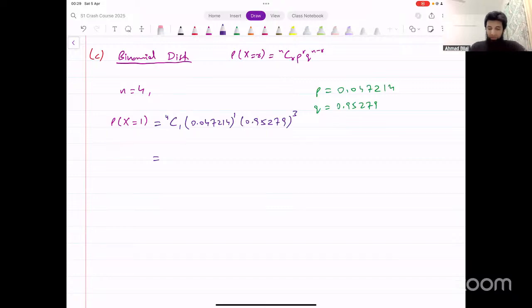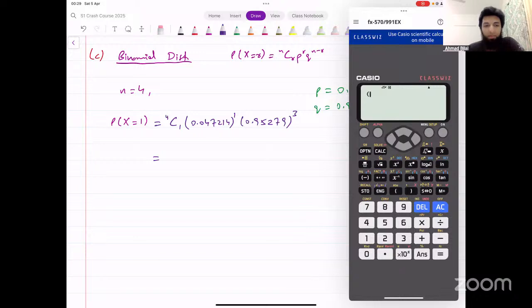Okay, what's the result that we get from this? Has anyone done this? No, you're too tired. 4C1 is 4, and then 0.047214 times 0.95279 raised to the power 3, and that gives you the result. That's 0.163.